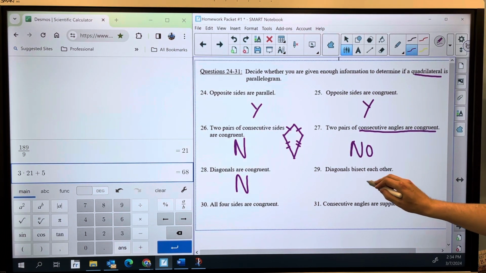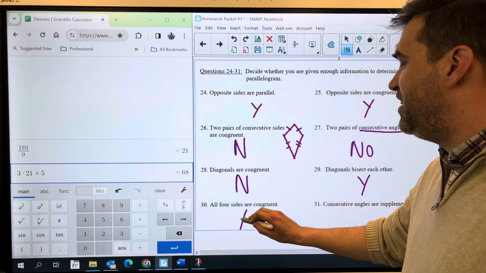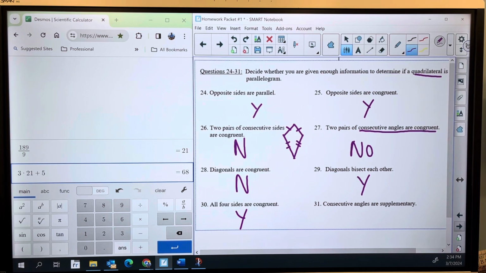There we go. Diagonals bisect. That's a big yes. And then all 4 sides congruent. That's fine, because the opposite sides would be congruent if all 4 sides are congruent. And then finally, we've got consecutive angles are supplementary. That's what we want for those consecutive angles.